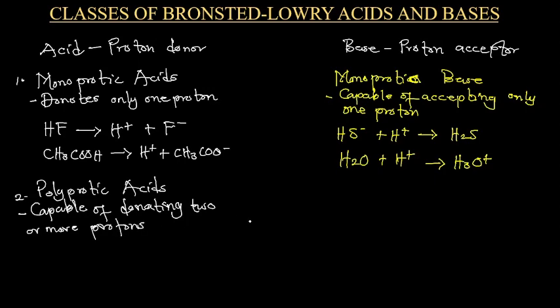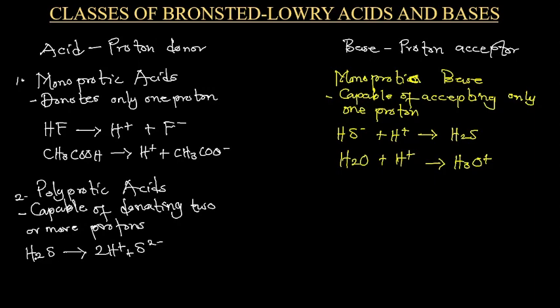All right. So let's look at an example. Let's take hydrogen sulfide, H2S, just like we saw in the monoprotic bases. When this dissociates in solution, it will give us 2H plus and S2 minus when it is fully dissociated.